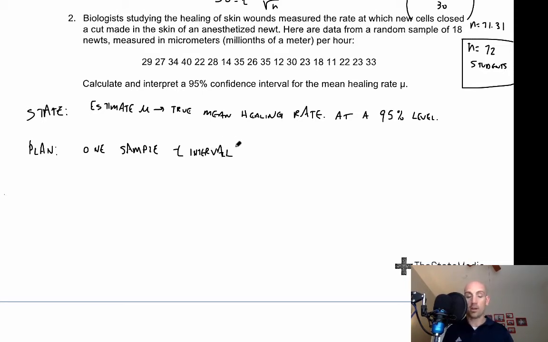Because we are dealing with means here. So it's a one sample T interval for mu, which we defined above.